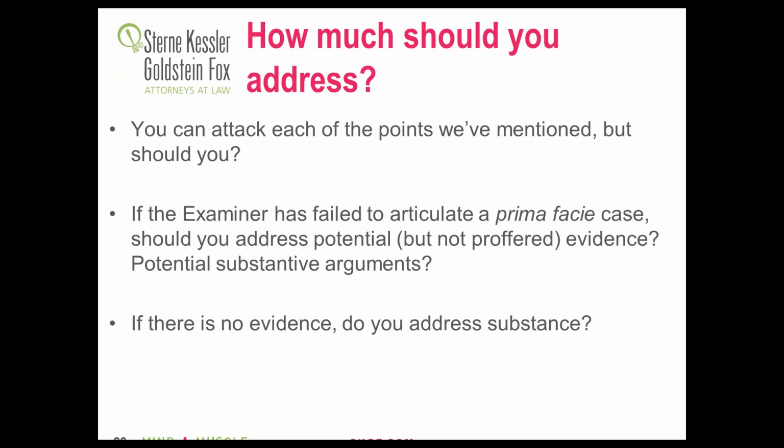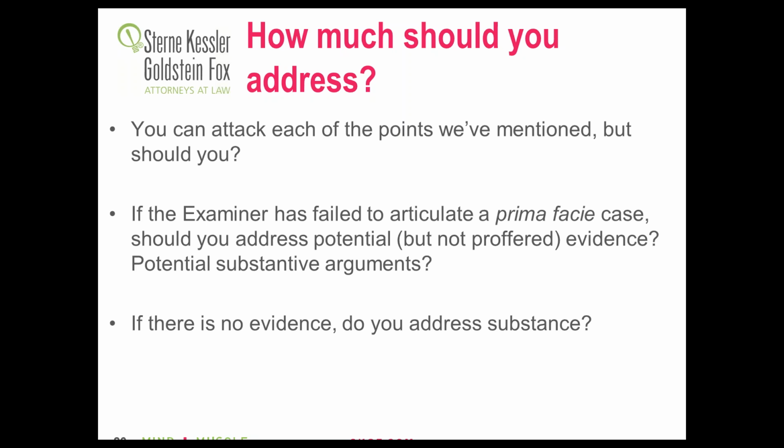Well, this really depends on the importance of the case. It depends on the strength of your position. It depends on how good of a job the examiner has done. I think we're going to assume that the examiner's done a good job based on the requirements and the guidelines, but as Sal's mentioned, there are always things you can attack for the prima facie case if you don't think that the examiner has put sufficient information on the record that you can respond to.